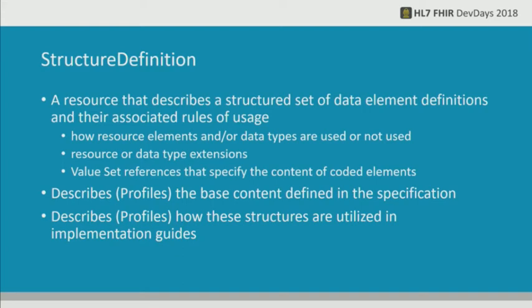The base FHIR specification by itself is pretty open. There's a lot of optionality. If you know your cardinality rules, there's a lot of zeros all over the place, because the base FHIR specification is the starting point. So you want to generate implementation guides where you then put further constraints based on your use cases. That would be for your exchange of data.